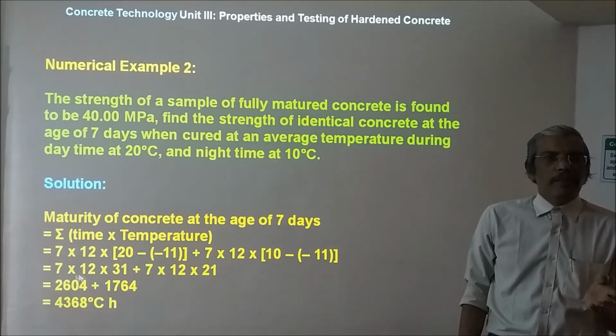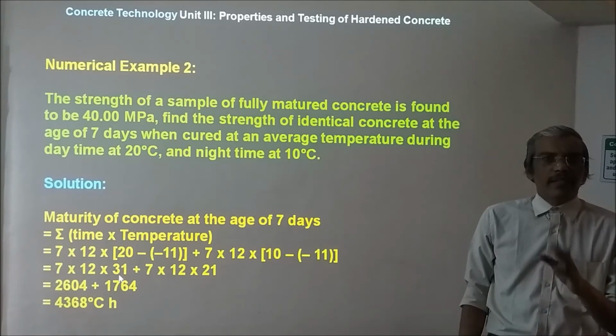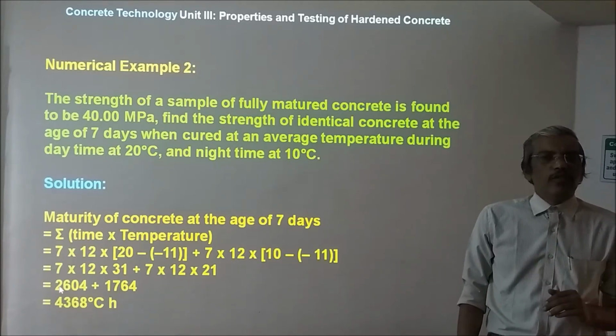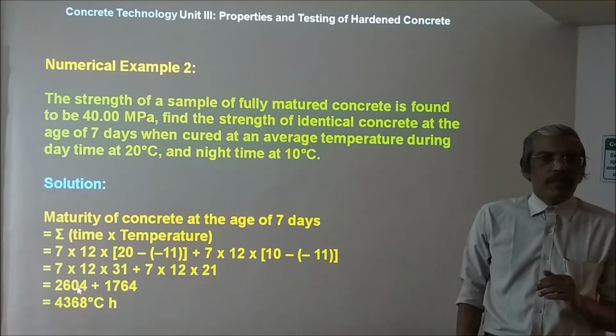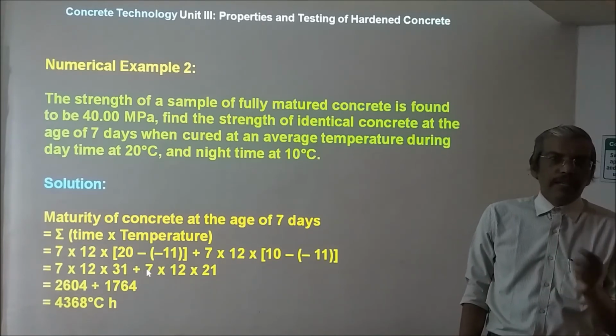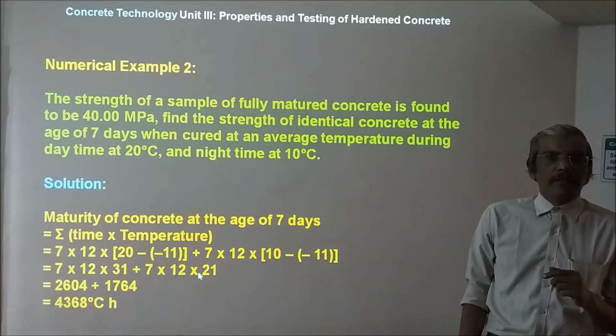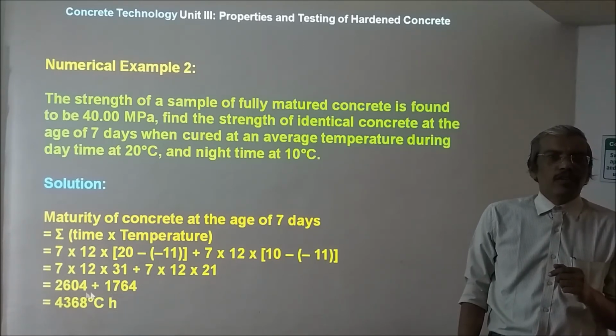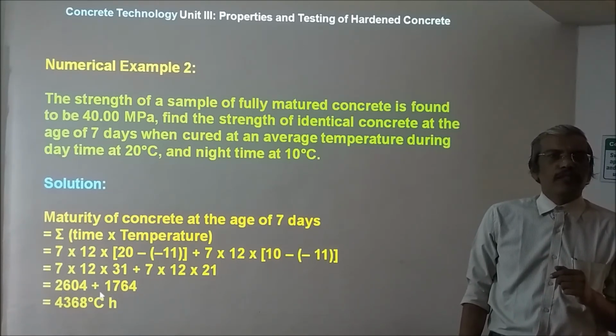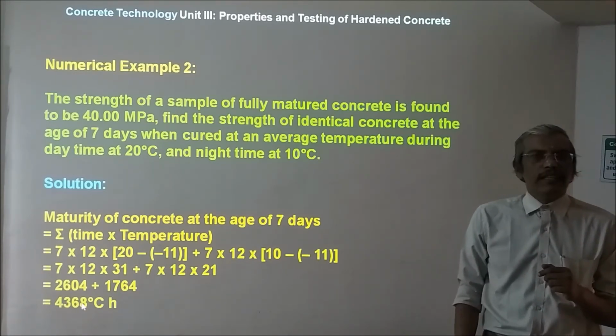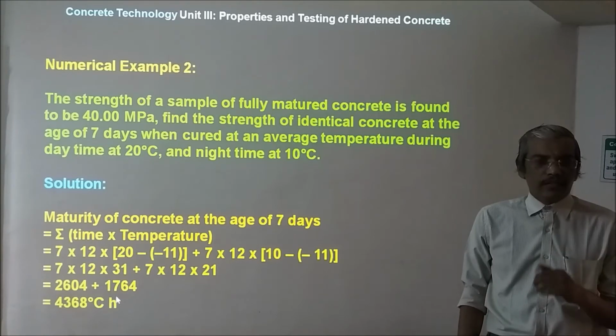So 7 multiplied by 12 multiplied by 31 is 2604, plus 7 multiplied by 12 multiplied by 21 is 1764. So 2604 plus 1764 is 4368 degrees centigrade hours.